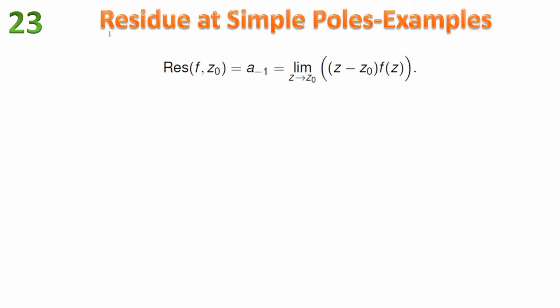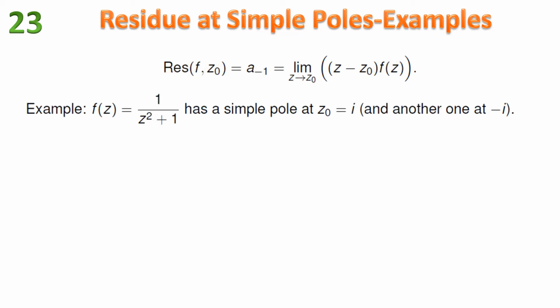Now we shall find the residue at a simple pole through an example. Here the example is we have to find the residue of f at z0, which is a minus 1, and we have developed a small theory, limit z approaching z0, z minus z0 times f of z will offer the required thing. So example, I am again repeating, f of z is equal to 1 upon z square plus 1.